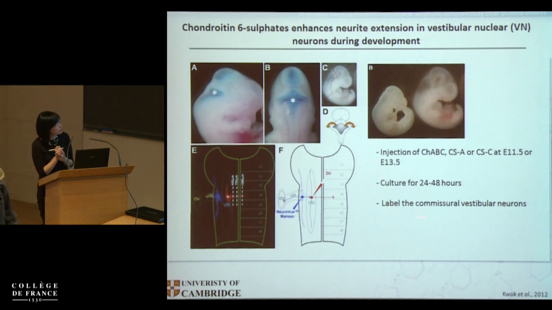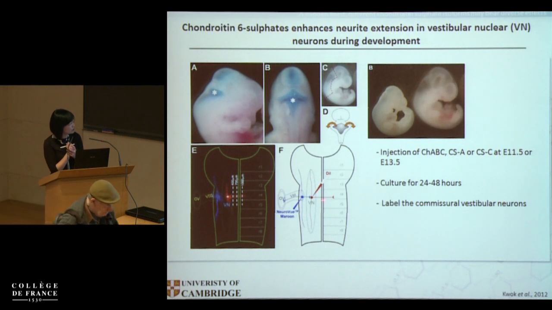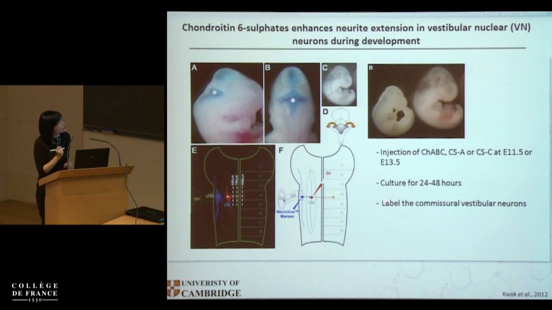And then afterwards, we look at the commissural neurons of the vestibular nucleus neurons in the developing hindbrain to look at the effect of removing chondroitin sulfate, or in the presence of chondroitin 4 sulfate or chondroitin 6 sulfate, during development and pathfinding in the embryos.